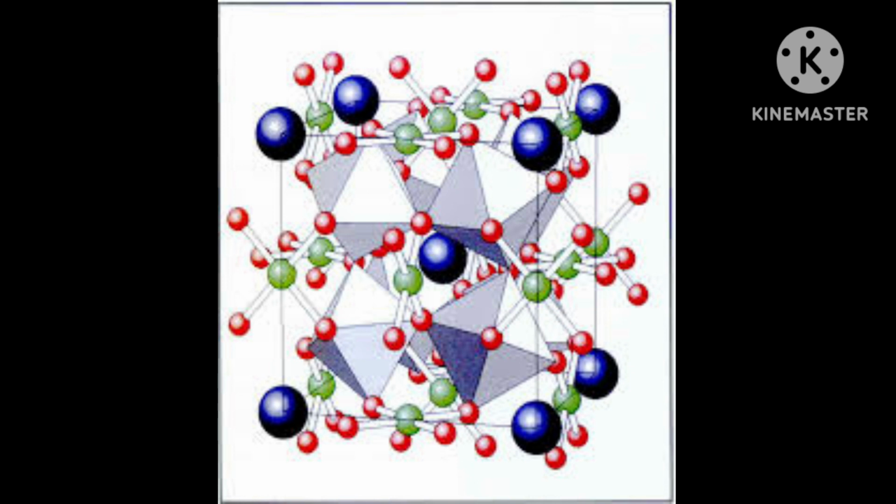Their arrangement, ions or atoms are arranged in a different way. That's why their properties will differ. Then here in solid state chemistry, we will study about the structure of solid and their structure is related to their properties.